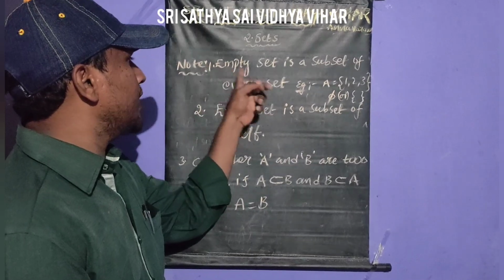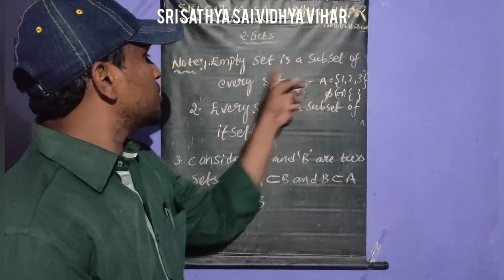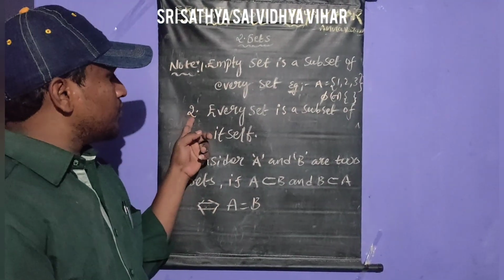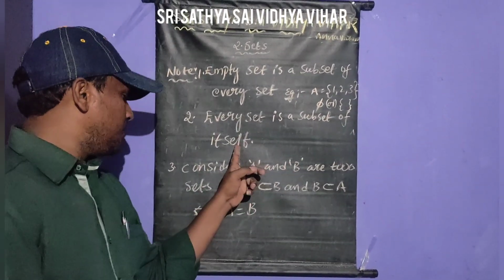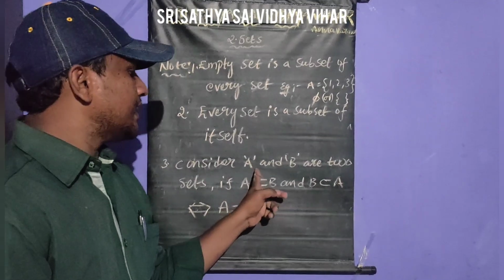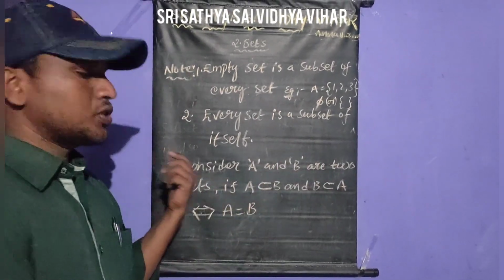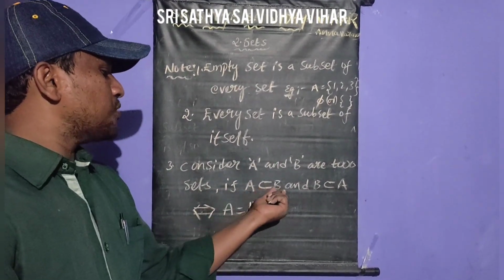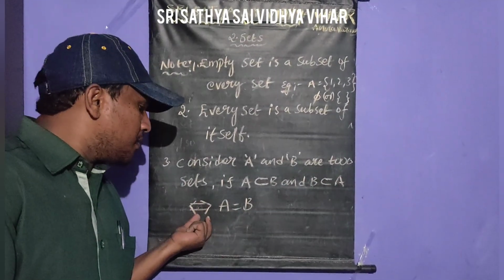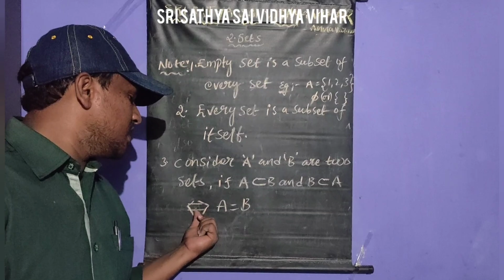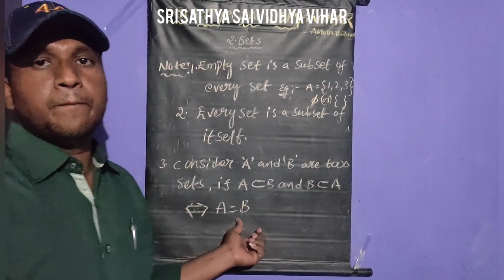The first: the empty set is a subset of every set. The second: every set is a subset of itself. The third: if A is a subset of B and B is a subset of A, then A is equal to B.